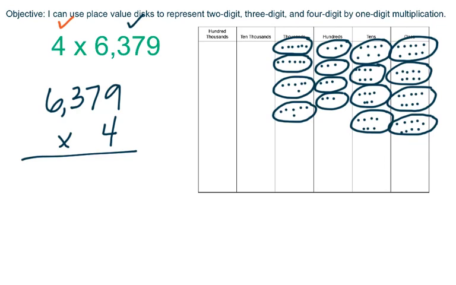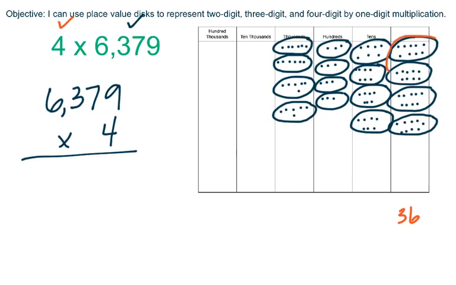I can't leave it as is right now though. I definitely have more than 10 in some of these columns. So I'm now going to bundle my groups of 10 and send them over where necessary. So I have 9, so this was 9 times 4 over here. So if I'm thinking math facts, I've got 36. So I know I should have at least 3 groups of 10.